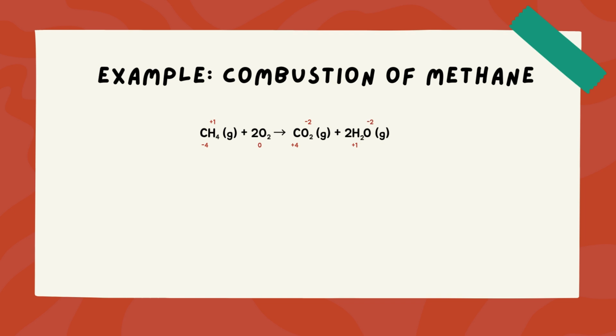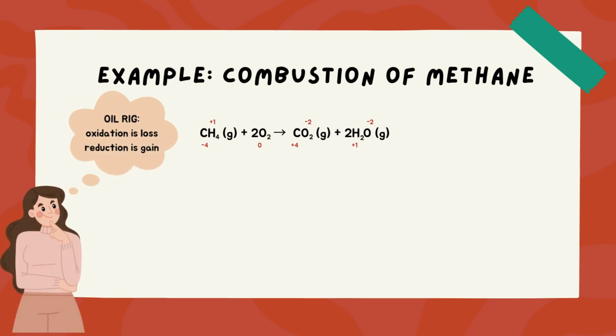Now let's evaluate the changes in oxidation number in going from the reactant side of the equation to the product side. We can use the mnemonic OIL RIG to decide whether an oxidation or reduction has occurred. OIL RIG stands for oxidation is loss and reduction is gain. With that in mind, let's analyze the changes.